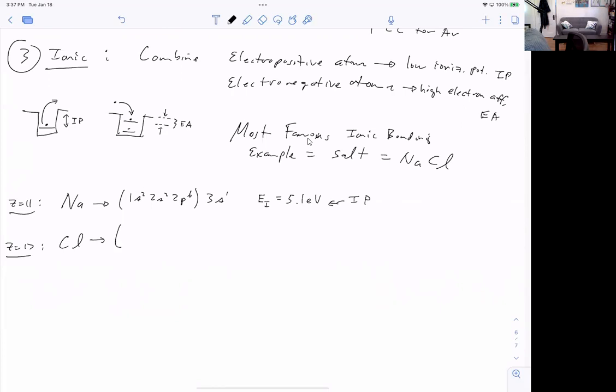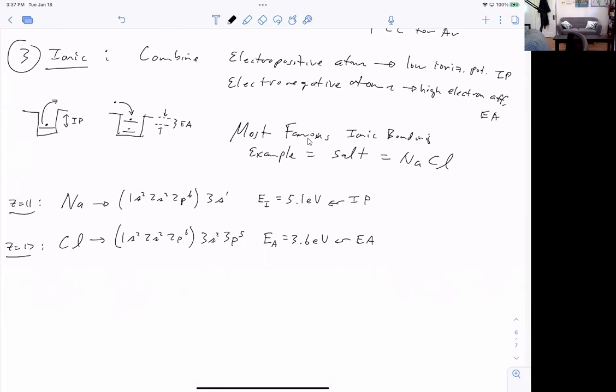Chlorine has this configuration: 1s2, 2s2, 2p6, 3s2, 3p5. It likes to suck up electrons, and the electron affinity is 3.6 eV, defined as I showed in that picture above.